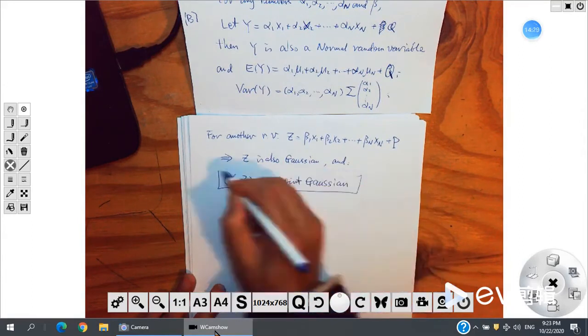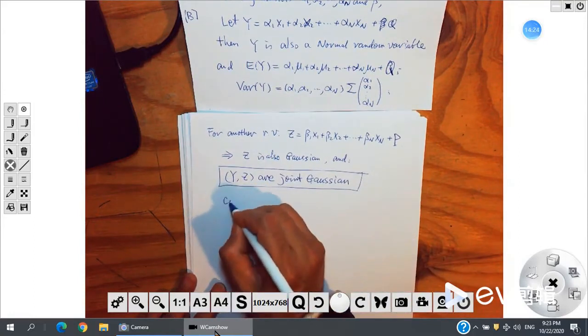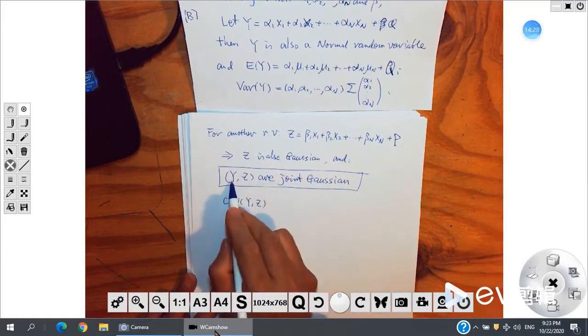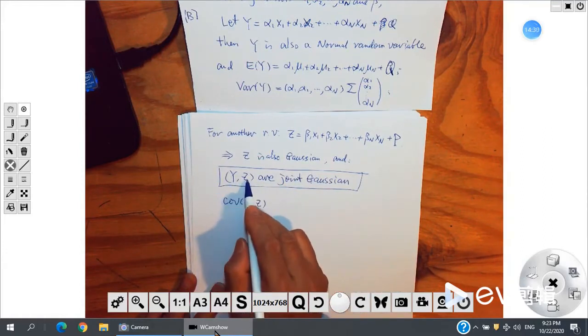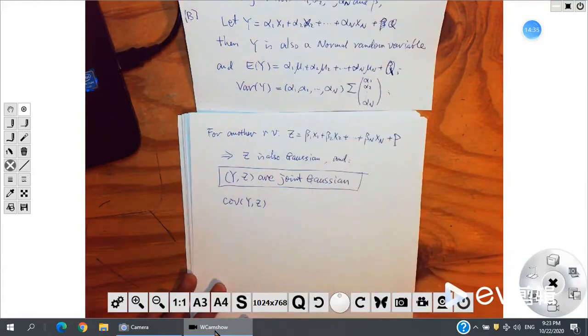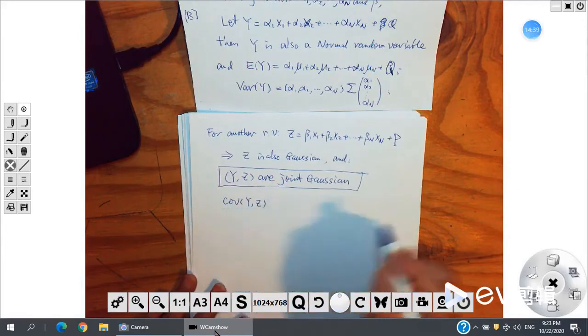This is one thing. Second thing is the covariance of y and z. Actually, for the mean and the variance of y and z, we already have these formulas. We can just apply those formulas. But for covariance, we need a new formula.